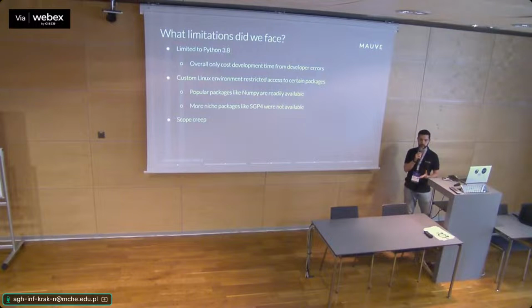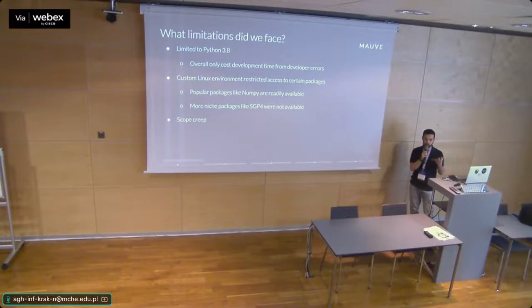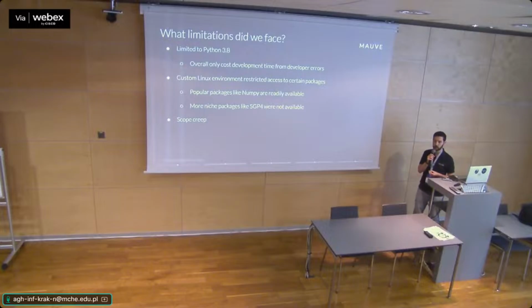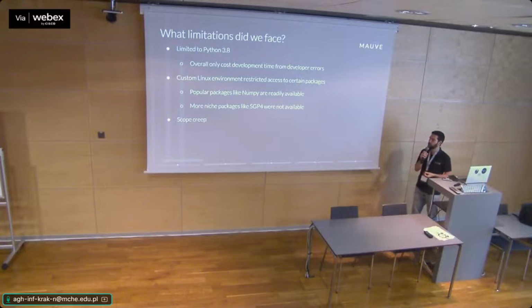Unfortunately, they weren't able to finish that in time, so we got told we were going to be stuck with Python 3.8. Thankfully, this wasn't actually a huge issue. I was a little bit worried at the start, but there was nothing massively impactful. The only real cost of this was a couple of hours of development time whenever I would forget something that didn't exist in Python 3.8, like trying to natively read in a TOML file.